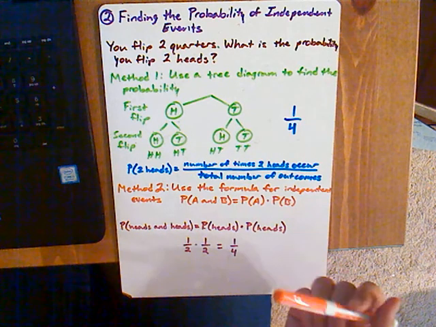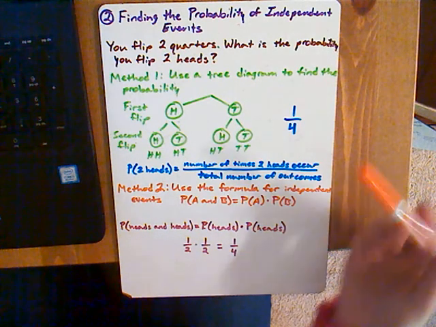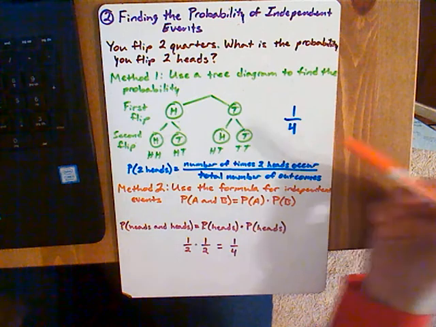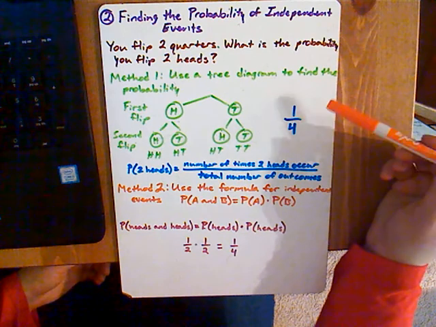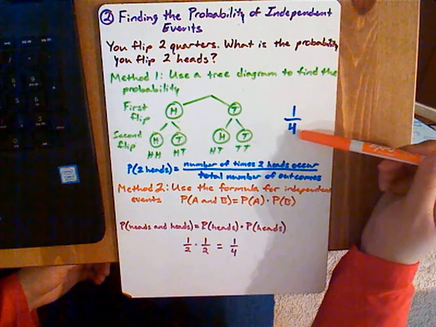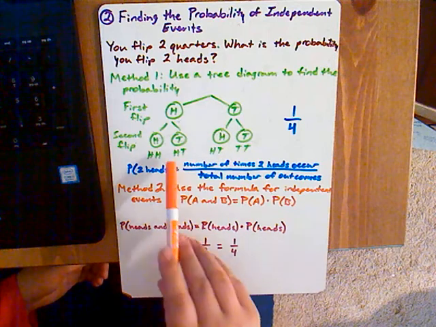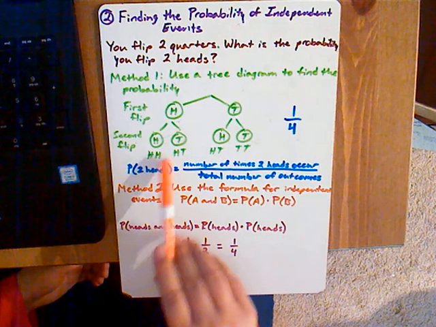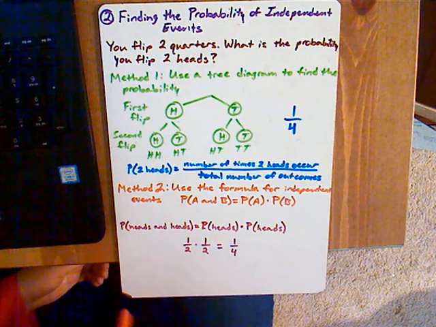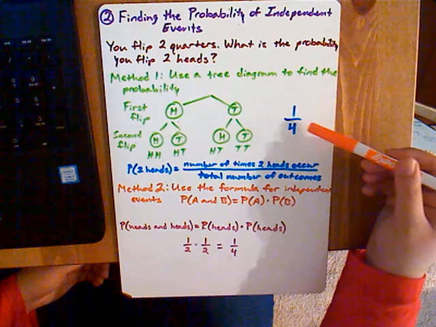So the probability of flipping two heads would be 1 out of 4, because there are 4 outcomes that we could possibly get, and only one of those outcomes gives us two heads. And so it is 1 out of 4.